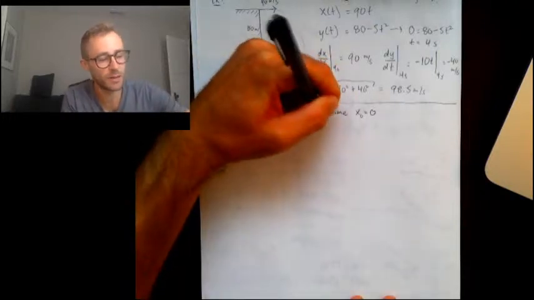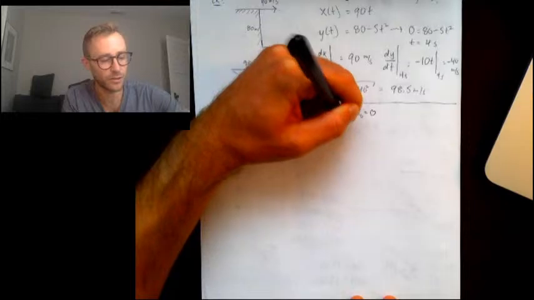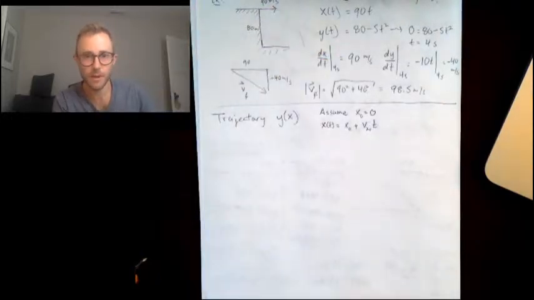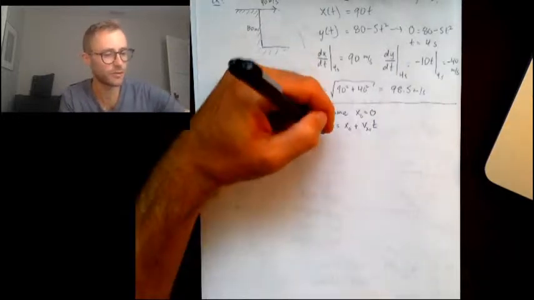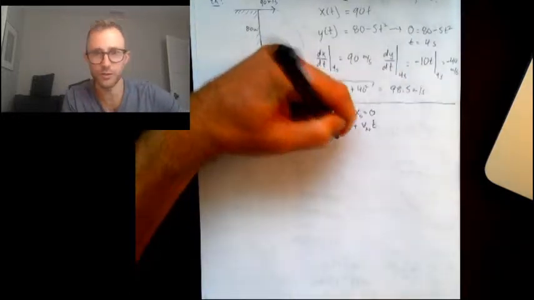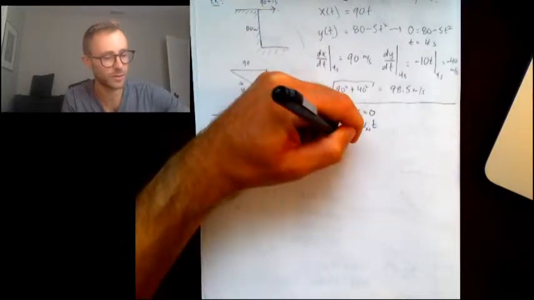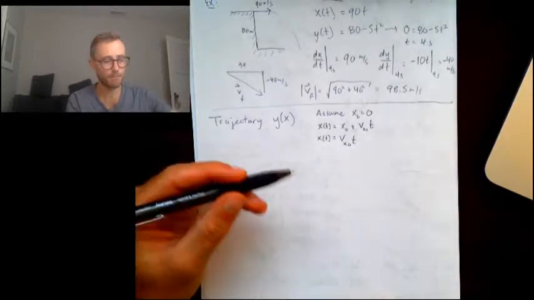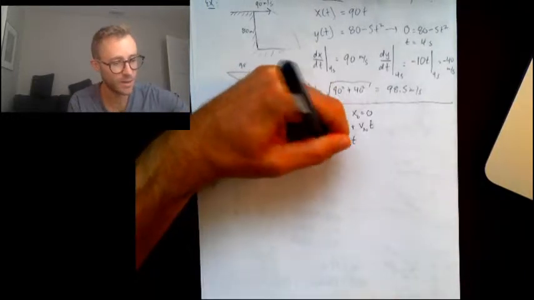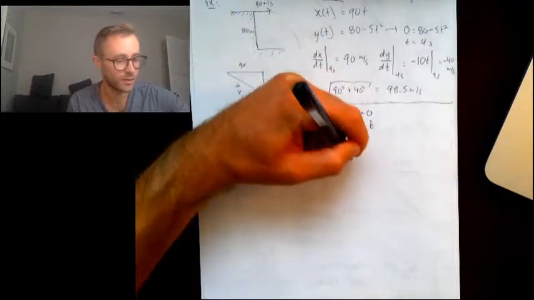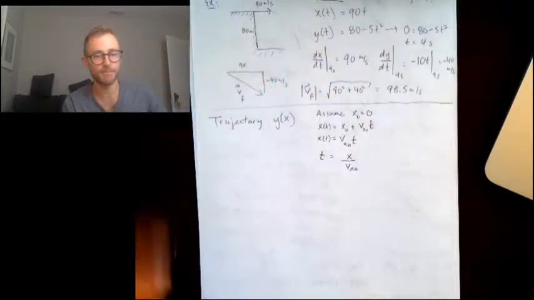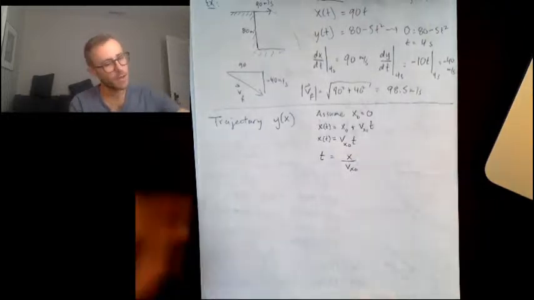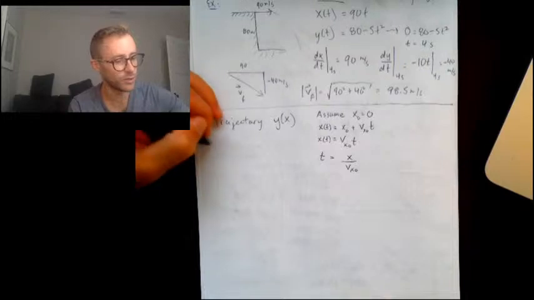And then if we have our kinematics equation, x of t equals x naught plus vx naught t, this means that x of t is just equal to vx naught times t. So this is going to allow us to solve for time. That means that time is x over vx naught, just by dividing both sides by vx naught.